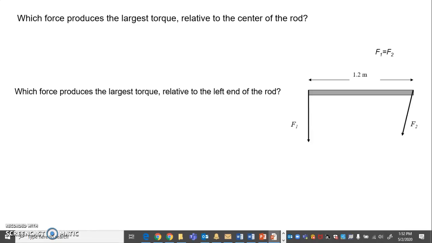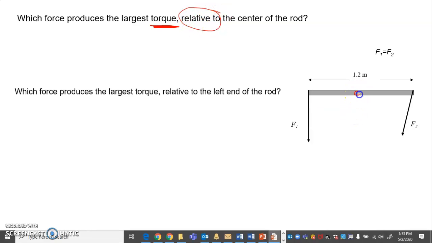Alright, now we're looking at a diagram, and there's a rod there. And so if we want to look at the torque, torque is always relative to something. We have to think about what it's relative to.